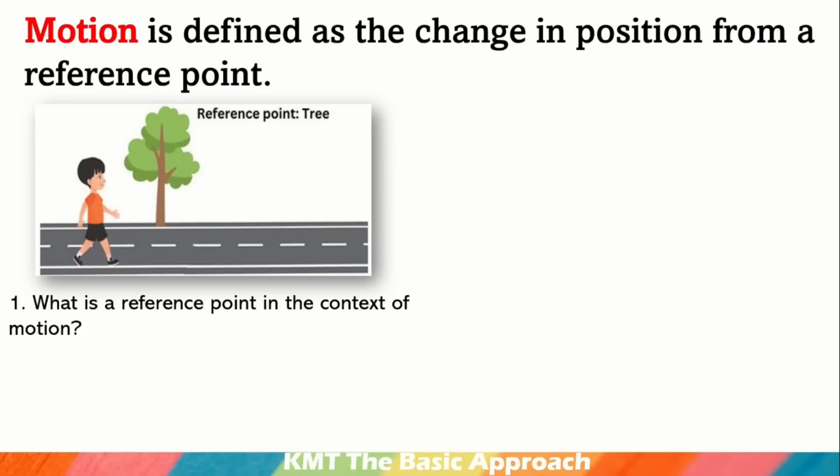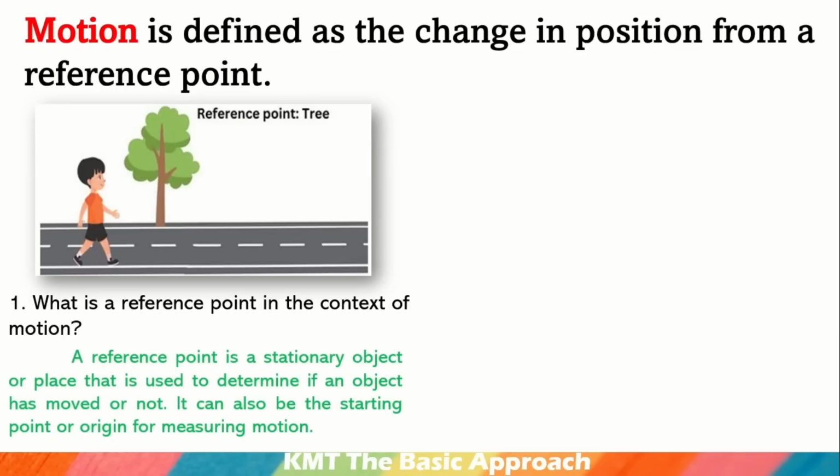Great! A reference point is a stationary object or place that is used to determine if an object has moved or not. It can also be the starting point or origin for measuring motion. In this picture, the reference point will be the tree because it is not moving.